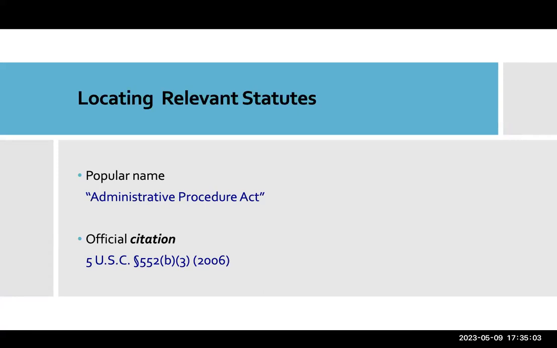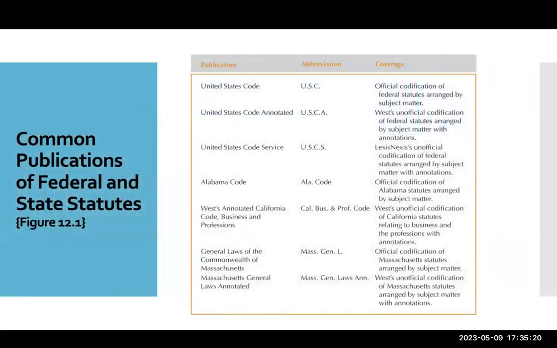The citation is an abbreviation for Title 5, United States Code, Section 552b3, followed by 2006, the year that the statute was enacted. Statutes are published in both official and unofficial versions.